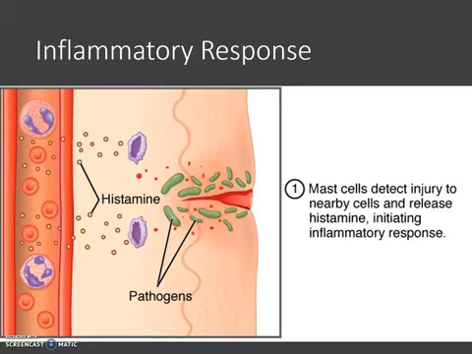So antihistamines are drugs that prevent the release of histamine or prevent the action of histamine in order to reduce the symptoms of inflammation. But in this case, this histamine release is actually good because it's helping to draw immune cells to the area to fight off the bacteria and help repair the damage in the area.